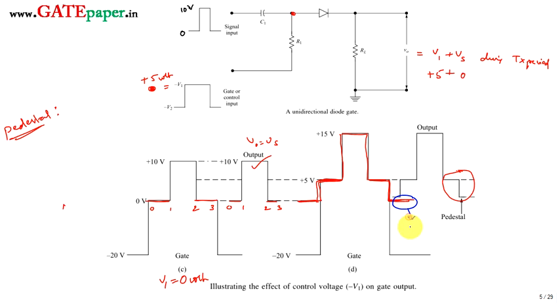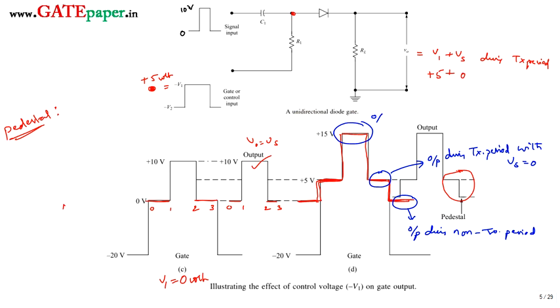This point is the output during the non-transmission period, this one is the output during the transmission period with zero input signal, that is Vs equal to 0, and this is the output during the transmission period with Vs not equal to 0.